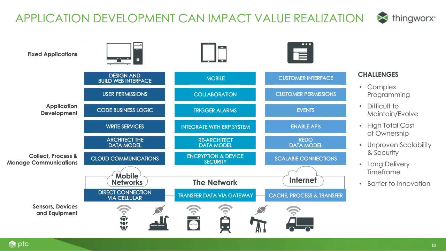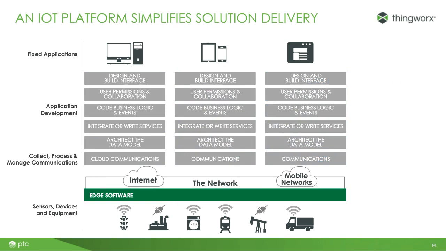Things can really get messed up, and downtime can be caused by, or shutting down an entire plant could be caused by malware, which could cost millions and millions of dollars for an organization. So having all this stuff fragmented and pieced together is a dangerous, complex, and expensive type of proposition.